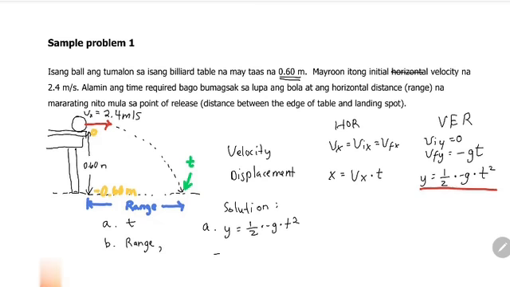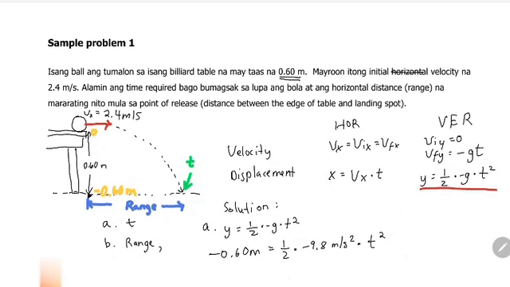So y is negative 0.6 meters. Tandaan mo, y is the vertical displacement. Ito na yung narating niya nung dulo. So nakarating siya ng negative 0.6 meters. 1/2 times negative 9.8 meter per second squared times time squared, which is our unknown.